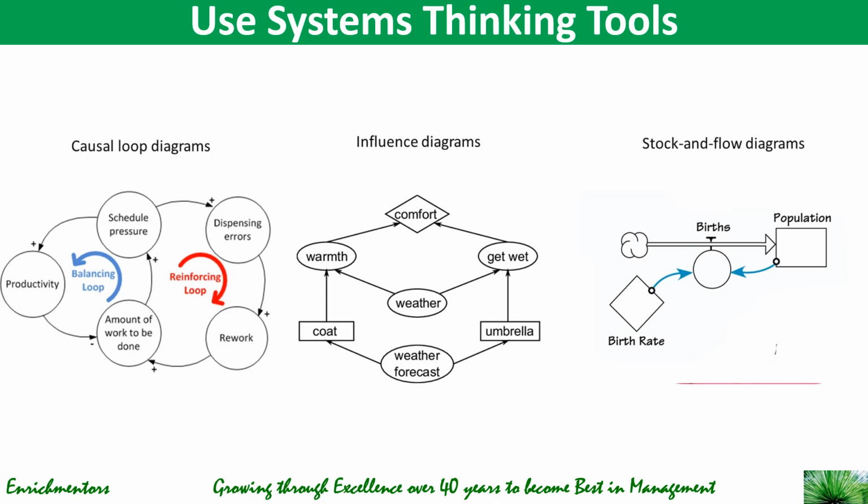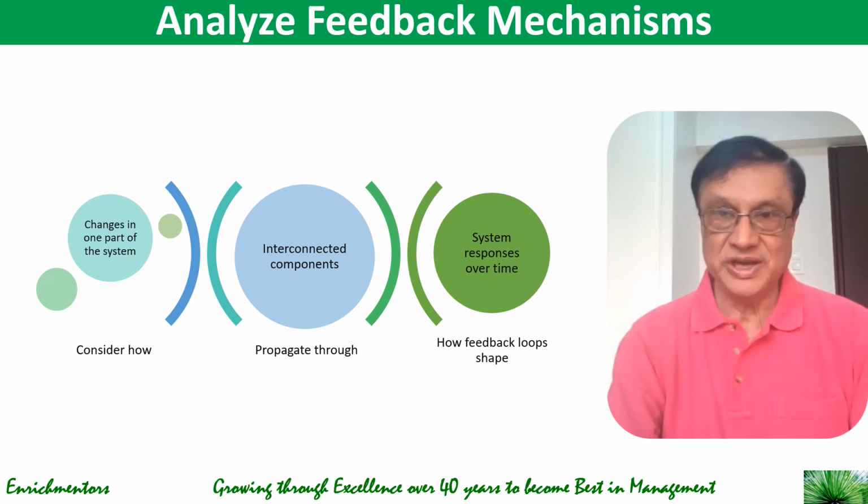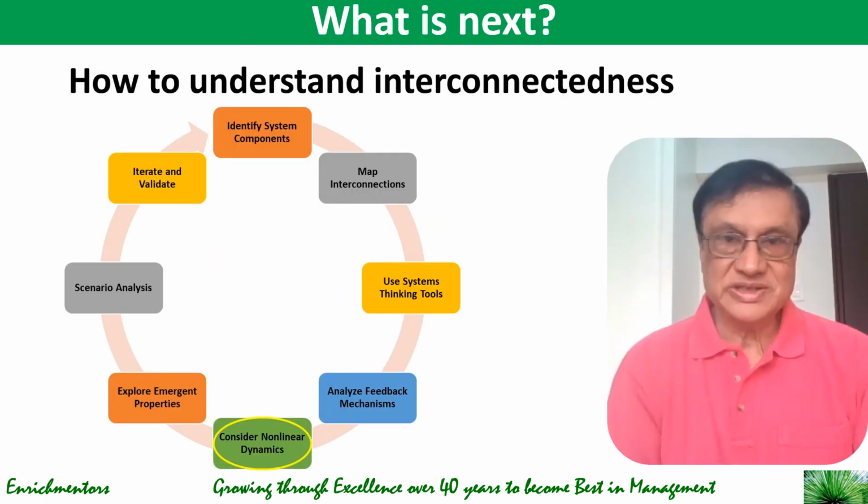Also, we considered how to analyze feedback mechanisms, which can help us identify the interactions. There are two things we talked about: positive loops that amplify changes, and balancing feedback loops that stabilize the system or regulate its behavior.